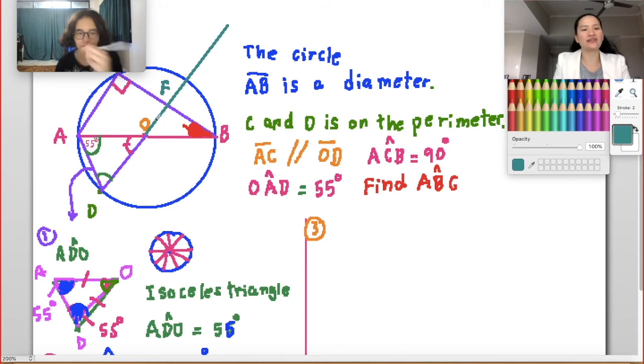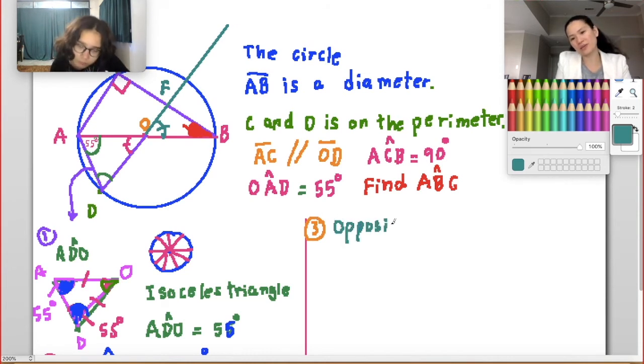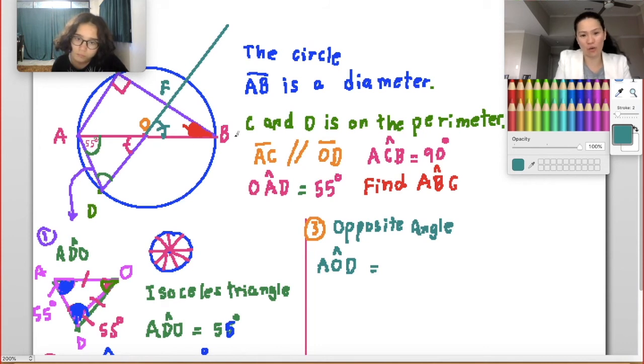And you could say that it's opposite. You know quality of the opposite angle. Opposite angle. Okay, that means AOD equals FOB.